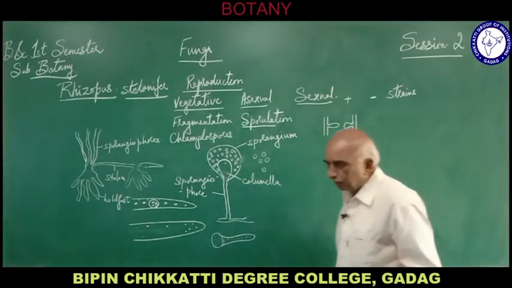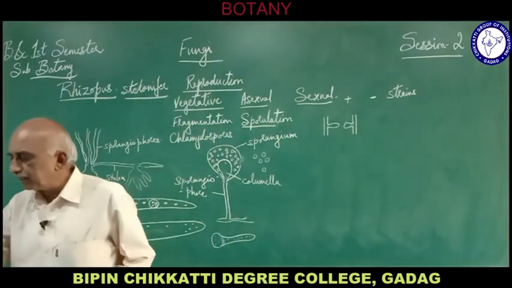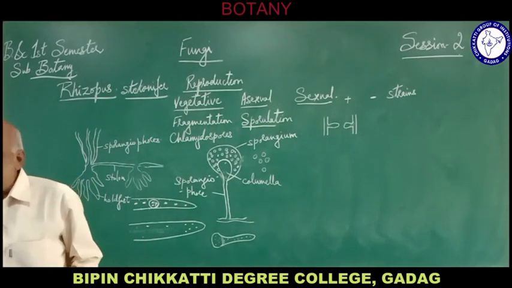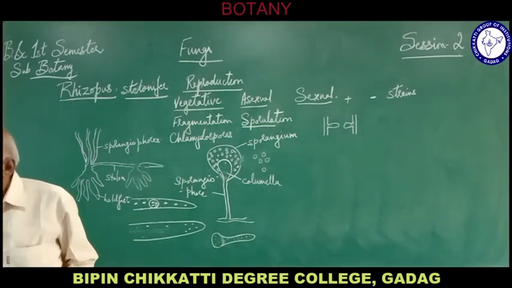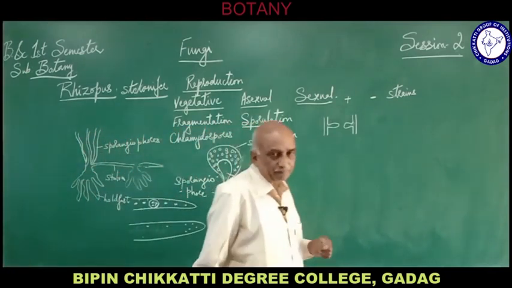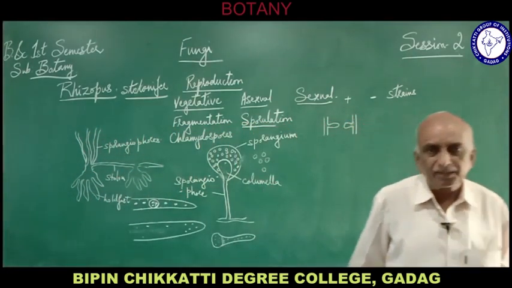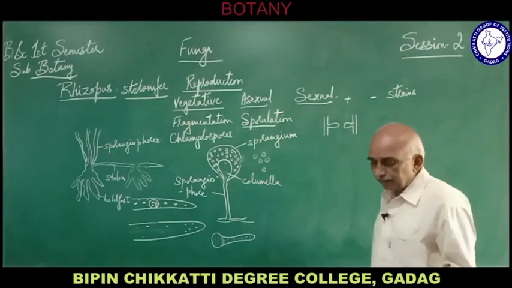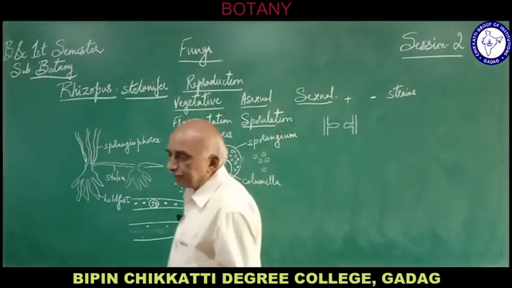This protuberance produced by the hypha develops; it is a specific branch of the hypha which gives rise to the structure called the gametangium.